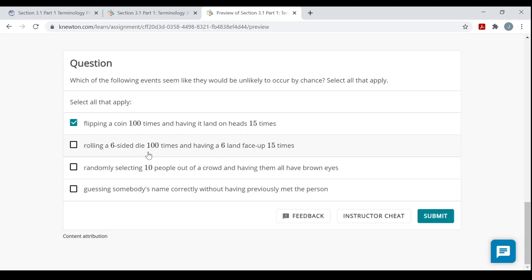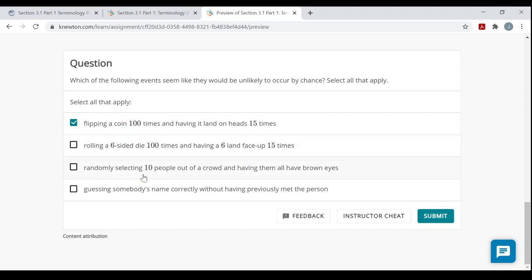Right, 16, 17. So 15's around there. I would expect the 6 to show up about 16, 17 times. 15's close to that, so I would think this would be likely to happen. I would expect this to happen if I rolled a die 100 times. So I'm not going to select that one.